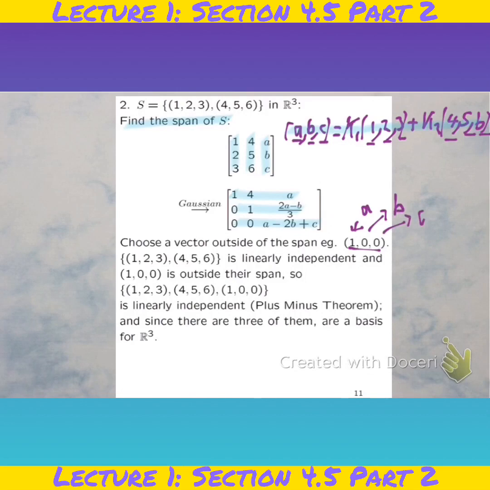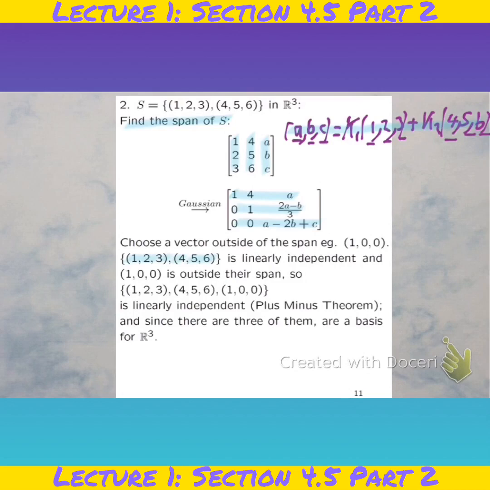Okay, so if you make A 1, and B and C both 0, then this last row is going to be a problem. It's going to be inconsistent. So picking the vector (1, 0, 0) is outside of the span, and you can go and verify that that is a linearly independent set.